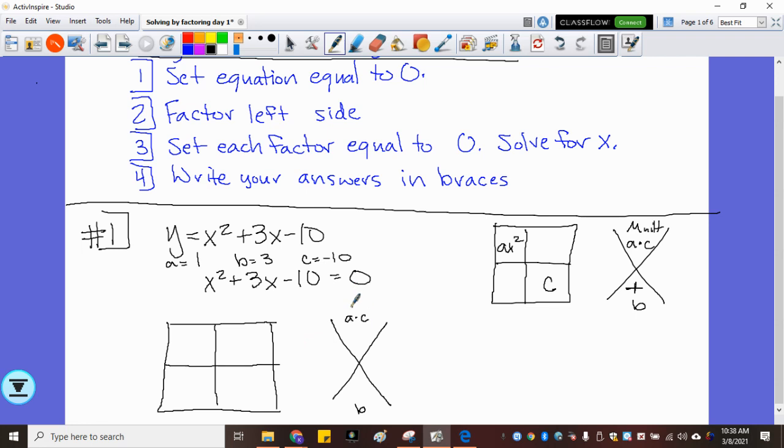So a times c would just be 1 times negative 10. So we need to know what are 2 numbers that multiply to negative 10 and add to 3.